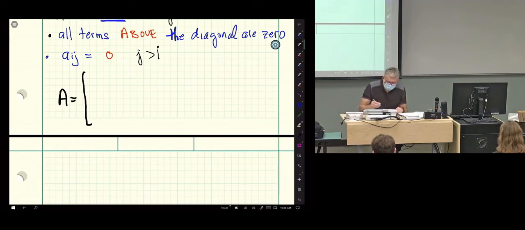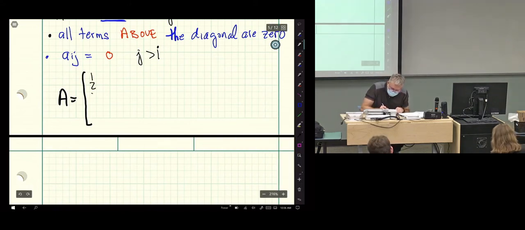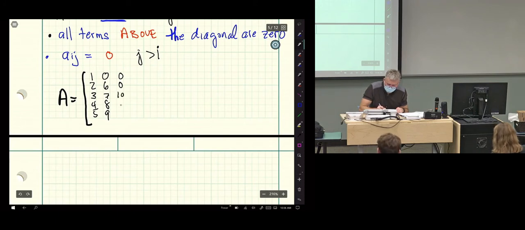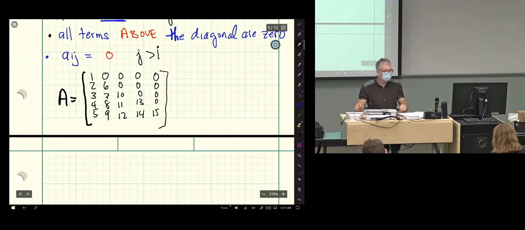I'm not sure I do, but let's just try. 1, 2, 3, 4, 5. 0, 6, 7, 8, 9, 0, 0, 10, 11, 12, 0, 0, 0, 13, 14, 0, 0, 0, 0. Yay! There's a 5 by 5.